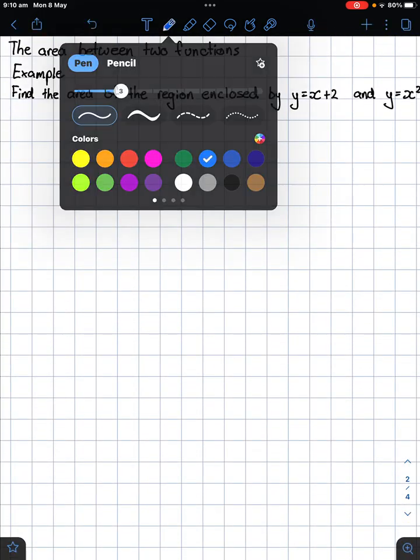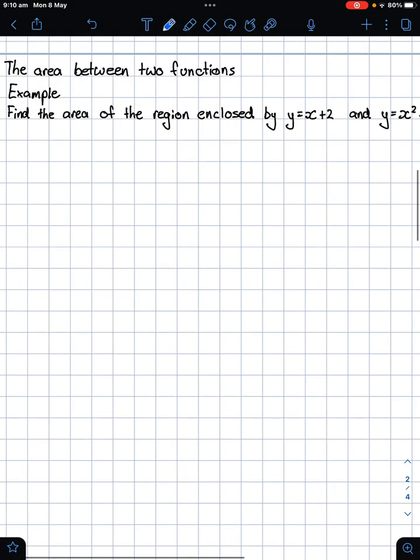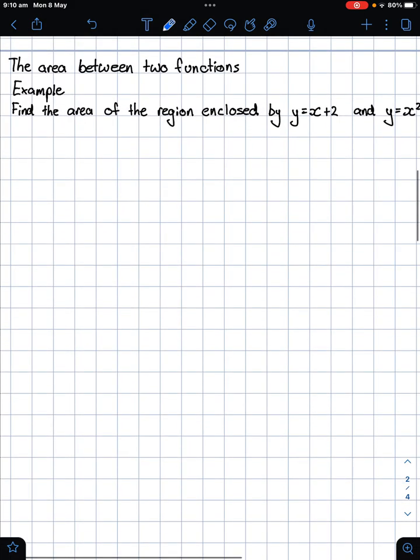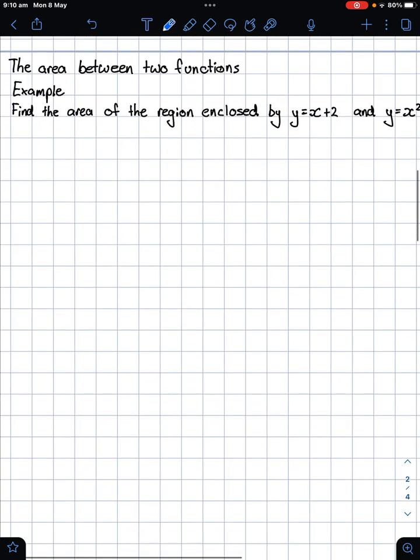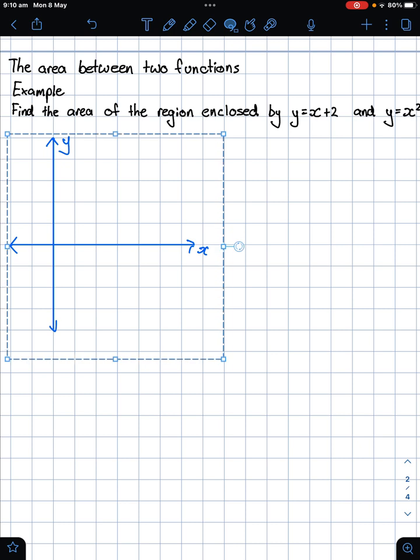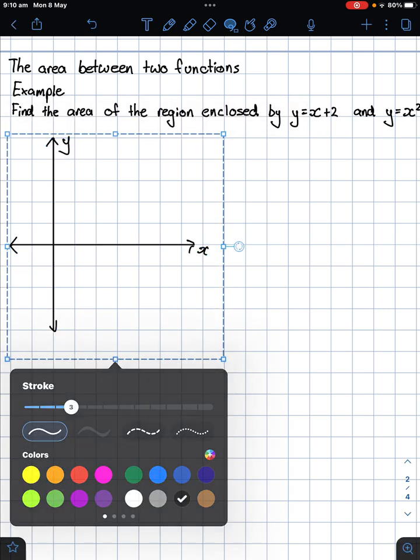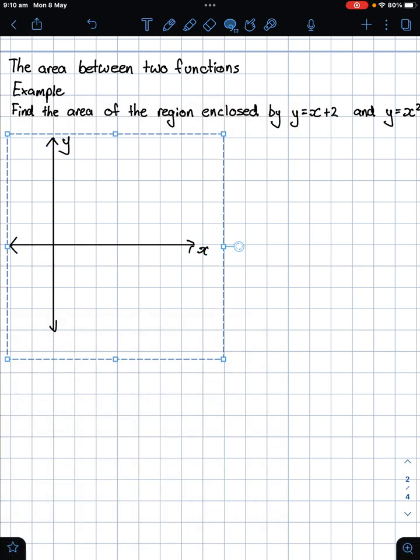So I suggest you pause this if you're doing this yourself, because it's worth having a go here, because we've got our formula. The first step is we need to sketch the graph. So put that in your graphics calculator. Let's change them to black. Okay, we've got our graph here.